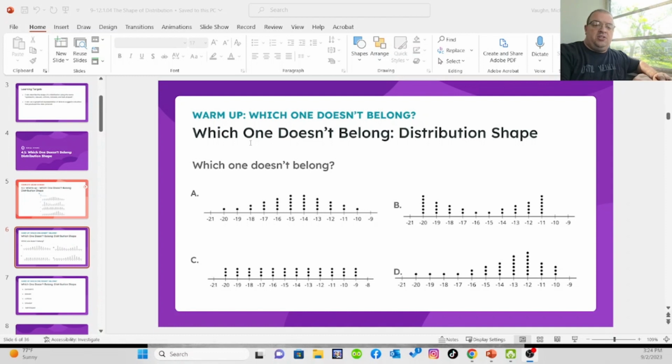So whether it's just you alone looking through or whether you're talking to those around you, try to see if you can come up with a reason as to why each one of these is uniquely different. So spend about 7 minutes of it working, and then we'll come back together as a whole class for about the last 3 minutes, and we'll talk through these distributions and see what we came up with.